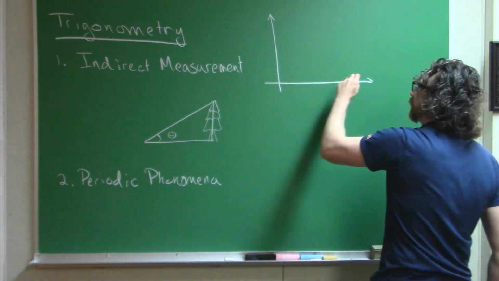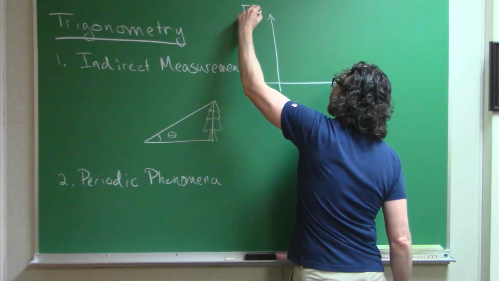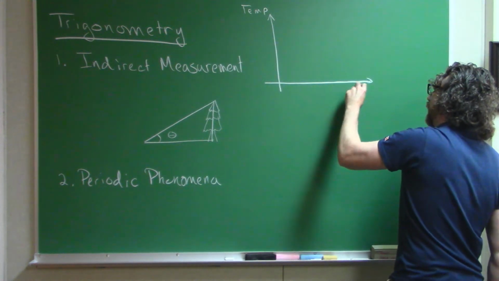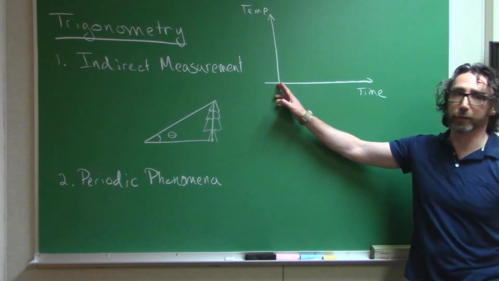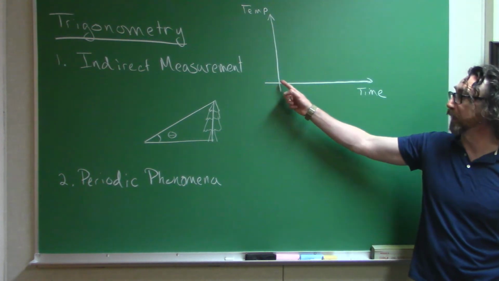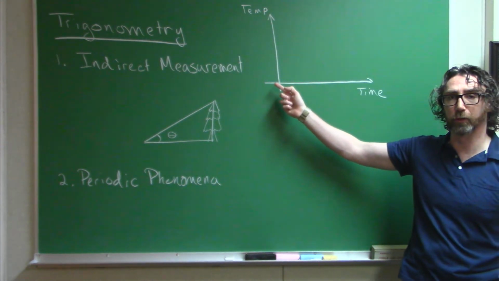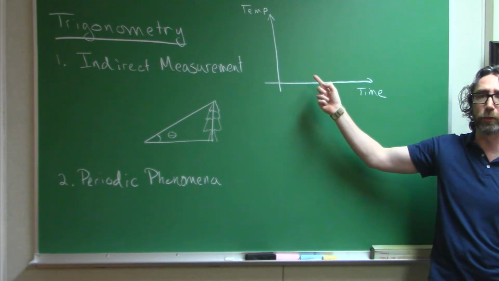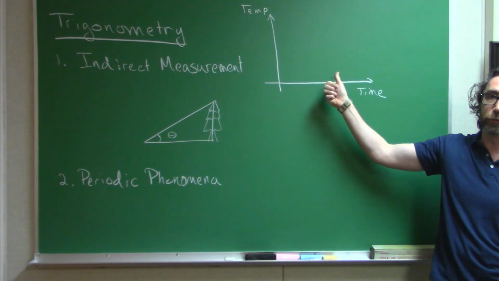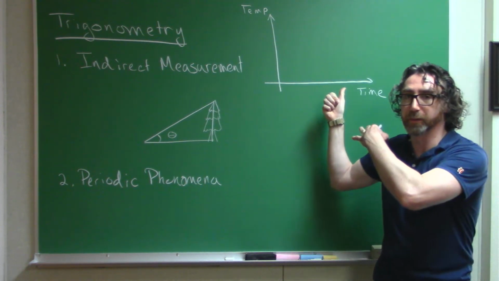this vertical axis represents temperature, and this is time. Okay, so right here at the origin, the time will be 0. Let's say that's the start of the year. That's January 1st. And as time goes, as we go to the right, we'll get further along in the year.